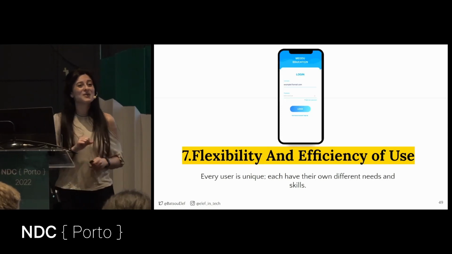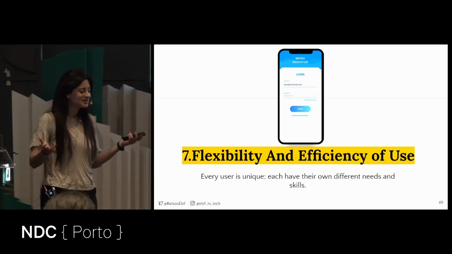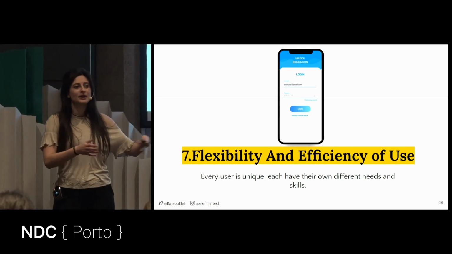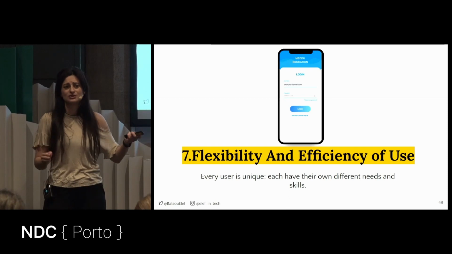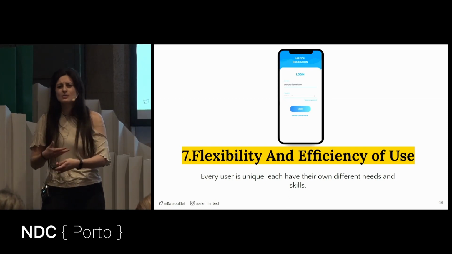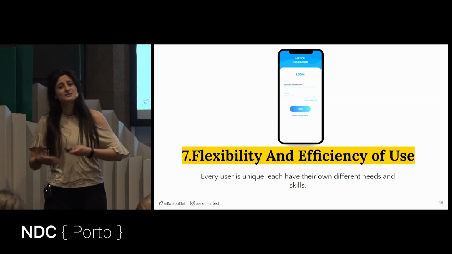Okay, and now we are in number 7, flexibility and efficiency of use. We have different types of users. We have the power users, which are people who know our product and want to do things fast. But we also have another category, the beginners. Maybe they are not so good with technology. Maybe they are older people. Maybe they have special needs.